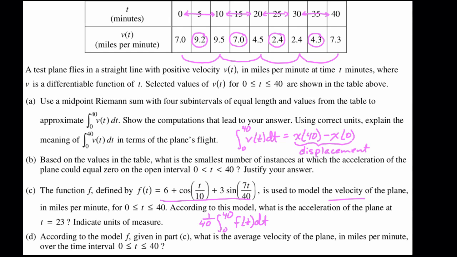So the question is, what is the average velocity of the plane in miles per minute over this time interval? This is going to be a calculator question where you can just plug this integral into your calculator and evaluate that integral.